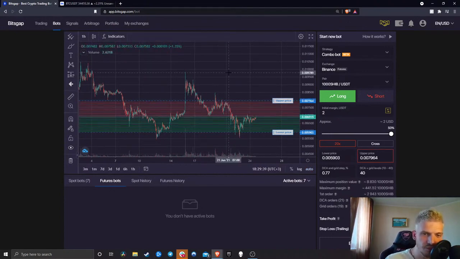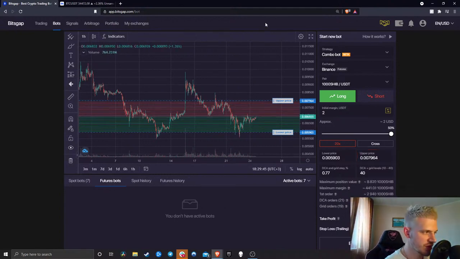So expect to see new features. And again, I'm not telling you the exact date, because otherwise it would be really hard to meet it, since sometimes during stress tests you can see that some features require more time to be tested further. The thing about Bitsgap is that we are chasing quality.